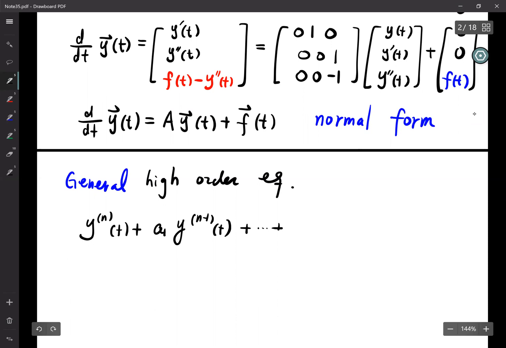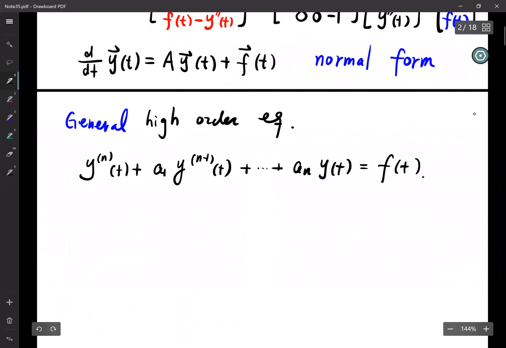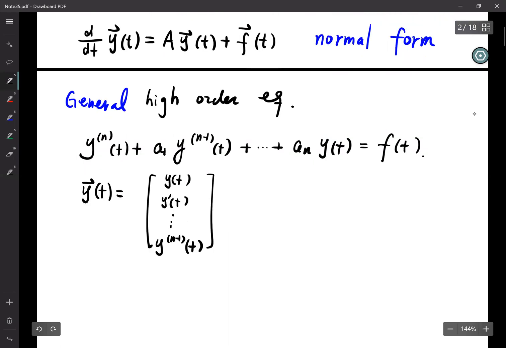You can be a little bit more general, but let's not talk about that case. Equals to some f(t). You can see there's no problem at all for me to completely repeat the procedure. The second one is the derivative, and this is the n minus 1th derivative.